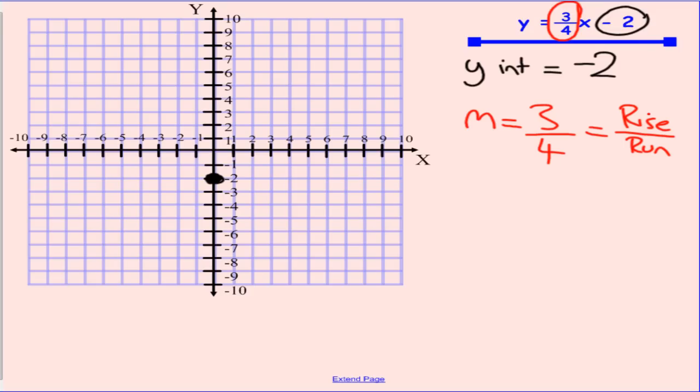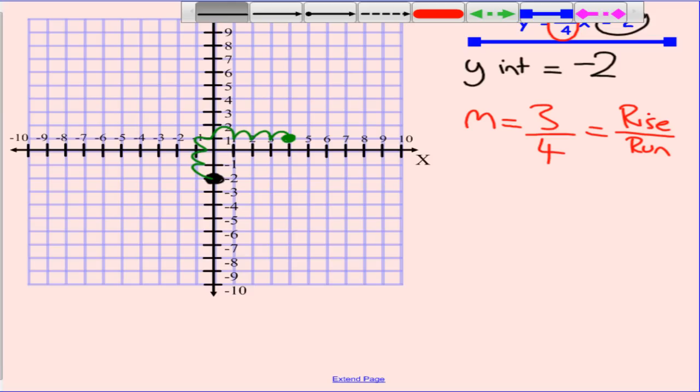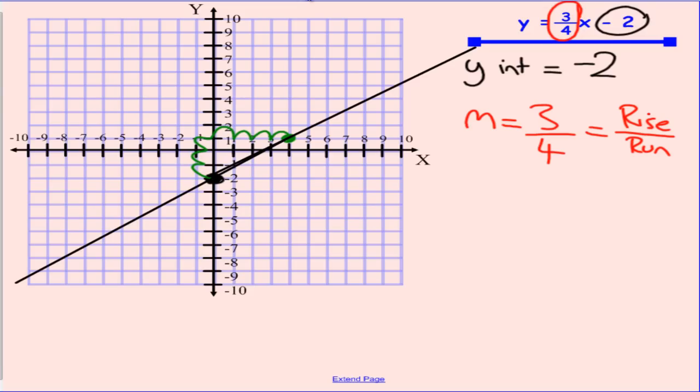Our gradient says a rise of 3, so we're going to go up 1, 2, 3, and then across 4. 1, 2, 3, 4. And over here is our next point. Then grab your ruler and rule a straight line between those 2 points. So I'm going to draw a straight line there, and there is your linear equation.